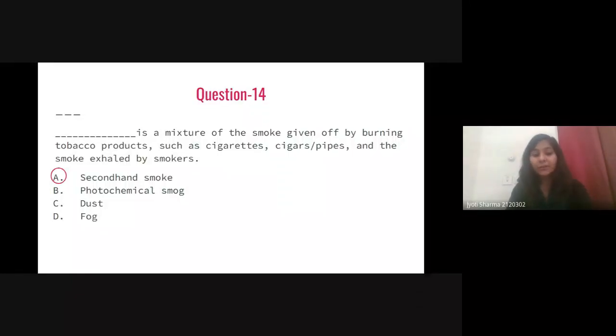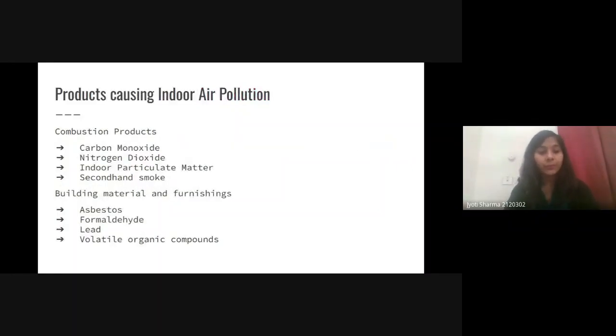So this is the effect of second-hand smoking, and it is also part of indoor air pollution. If you are having smoke in your home, it will release a lot of carcinogenic compounds into your home, and this will again lead to indoor air pollution.